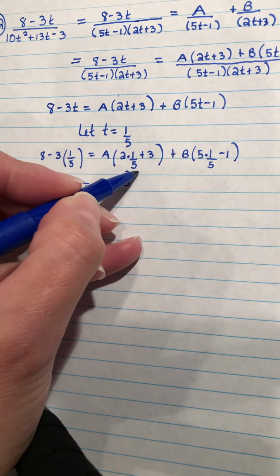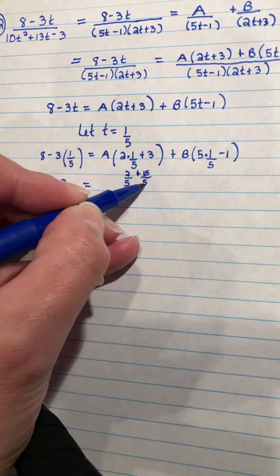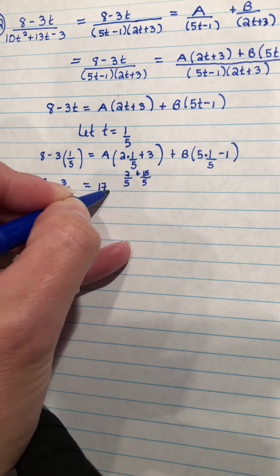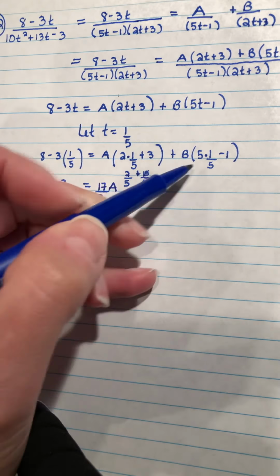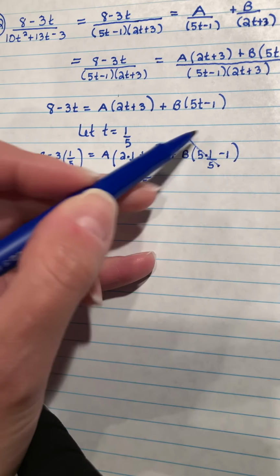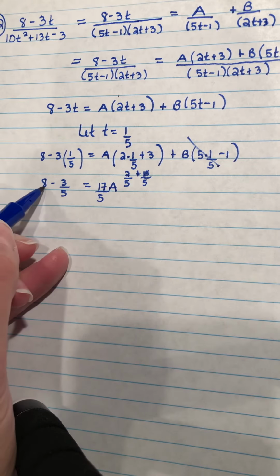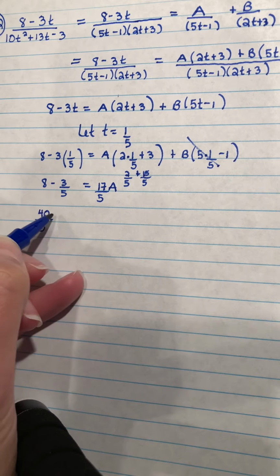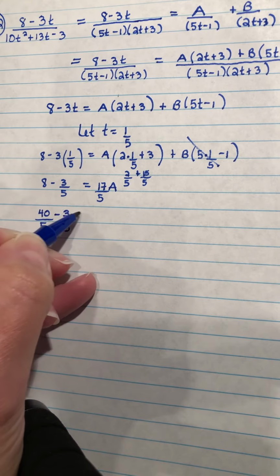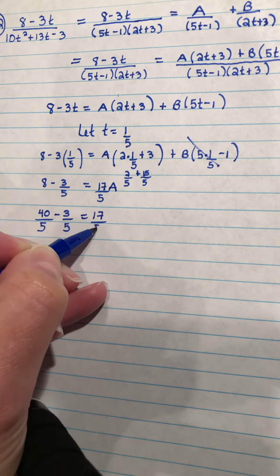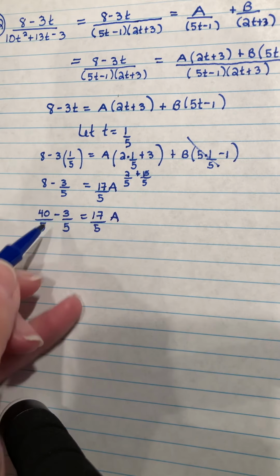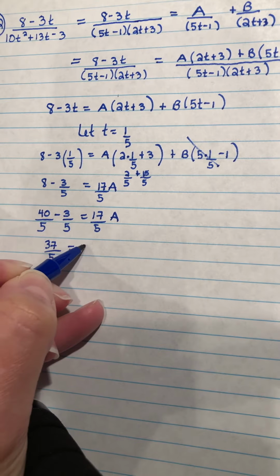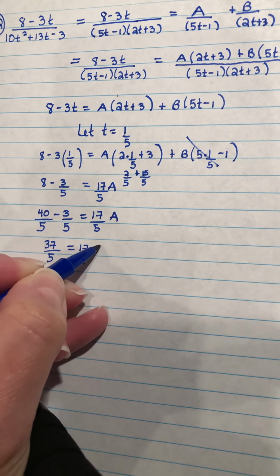I'm going to call 3 15/5, right? That's the same thing as 3, and that's going to be 17/5. So this is going to be 17/5 a, and I know that that's going to add to 0. That's why I picked 1/5. Now again, with the 8, I'm going to call the 8 40 over 5. That's a better name for the number 8. And again, I'm not using any calculator. This is going to be 37 over 5 equals 17 over 5 times A.